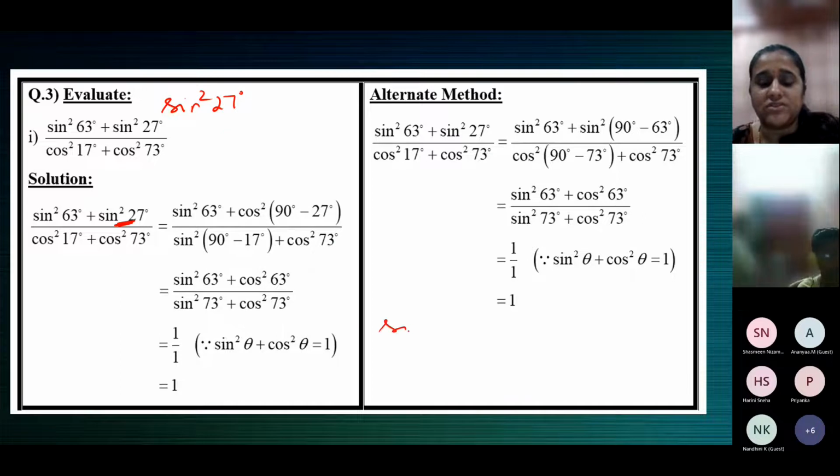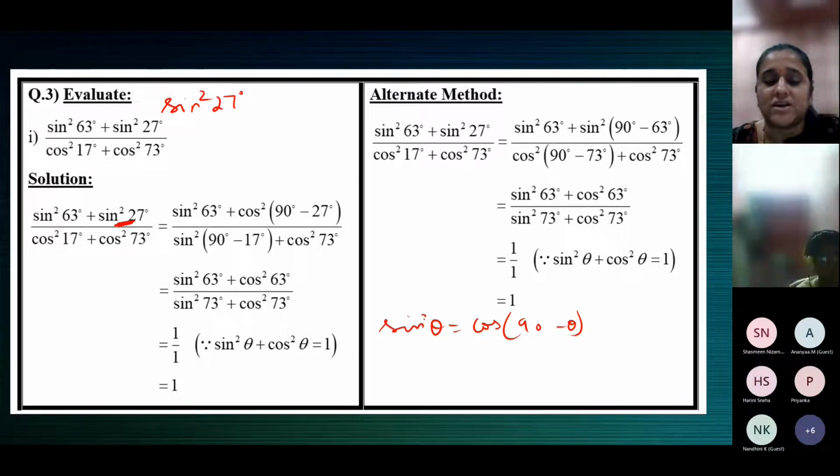We know that sine theta is cos 90 minus theta. Squaring both the sides, sine square theta is equal to cos square 90 minus theta. Now for sine square 27 degrees, use this rule.